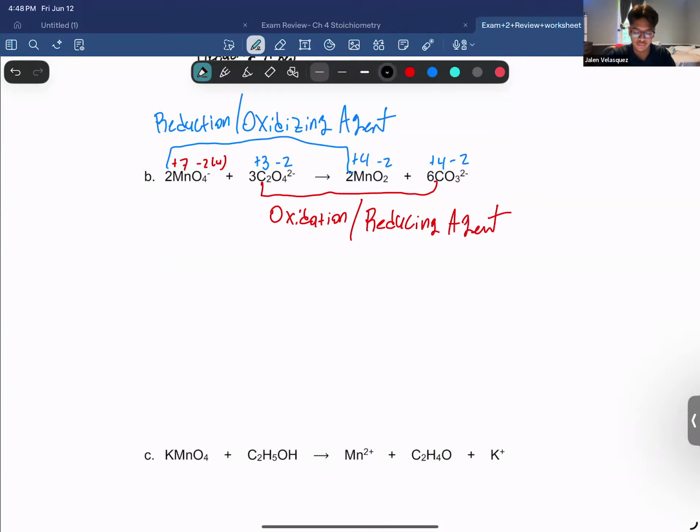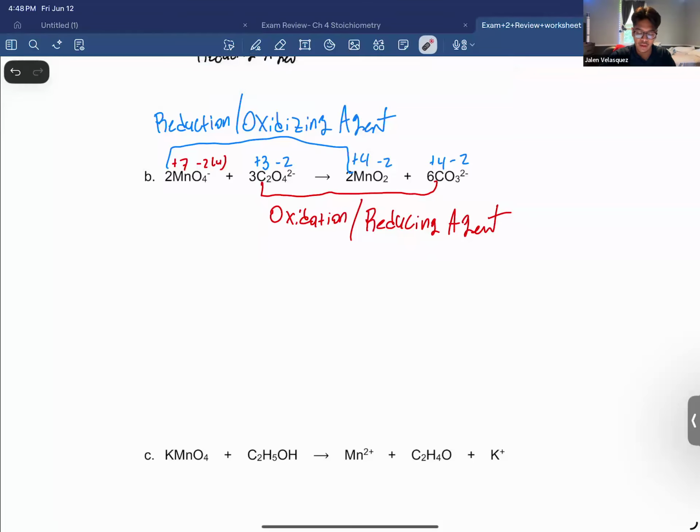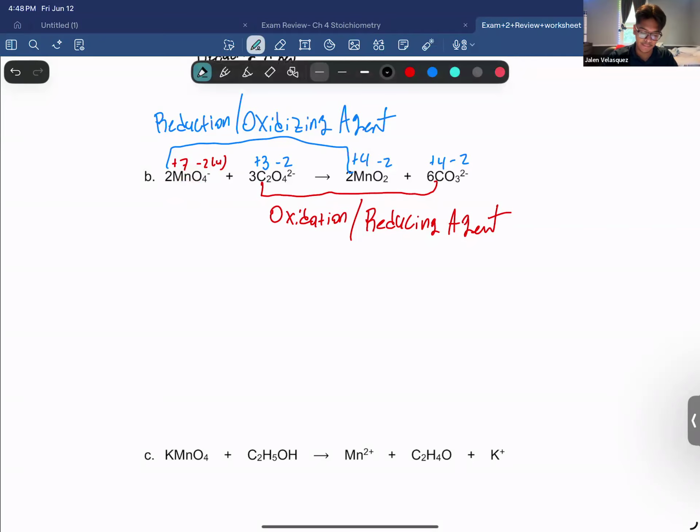Okay, so the way you would give your response, you're not responding to the single element, you're responding to the whole thing. So you would say permanganate MnO4 minus is reduced, and it's the oxidizing agent.